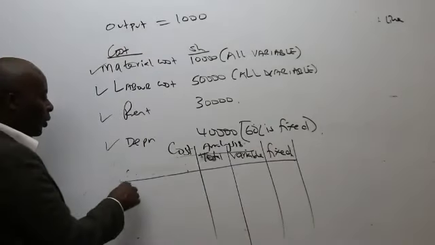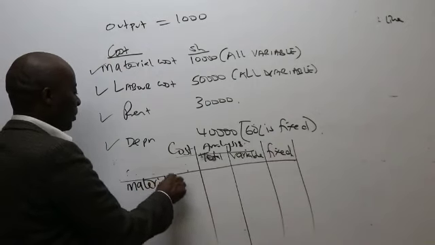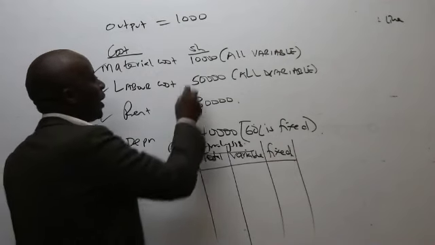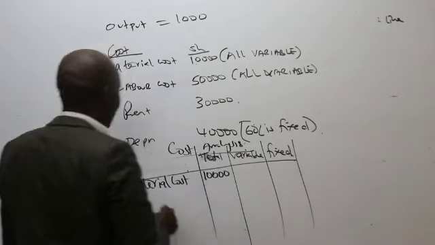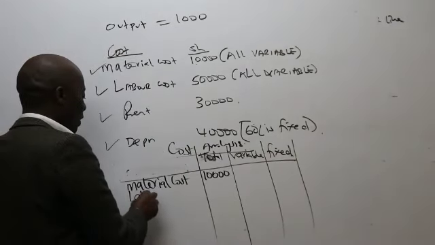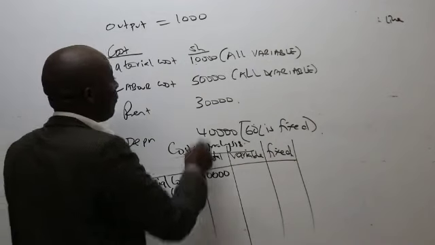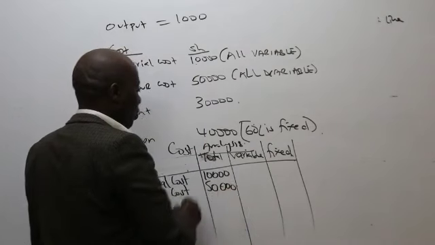Okay, so we start with material cost. A total of 10,000 shillings. From there, we have labor cost, a total of 50,000.